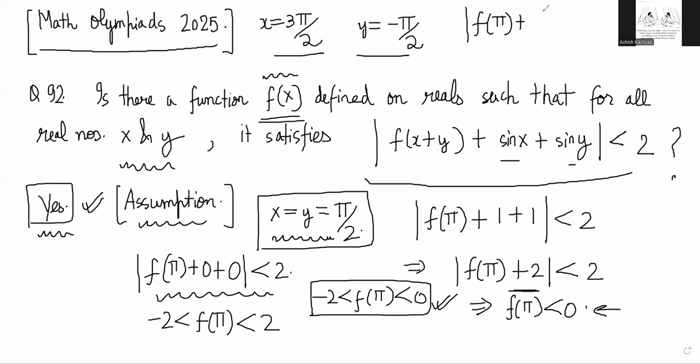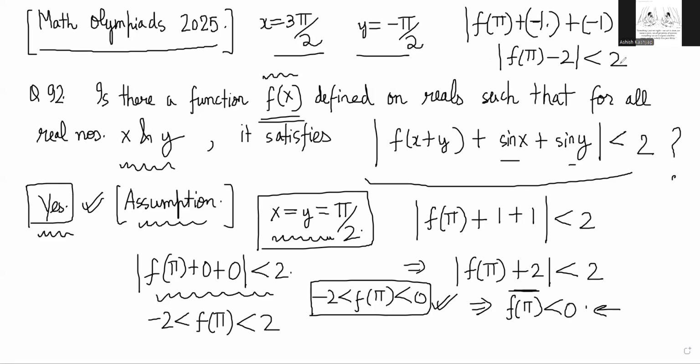Sine of 3 pi by 2 is minus 1 and sine of minus pi by 2 is also minus 1, which is less than 2, right? So we are getting f of pi minus 2 is less than 2.